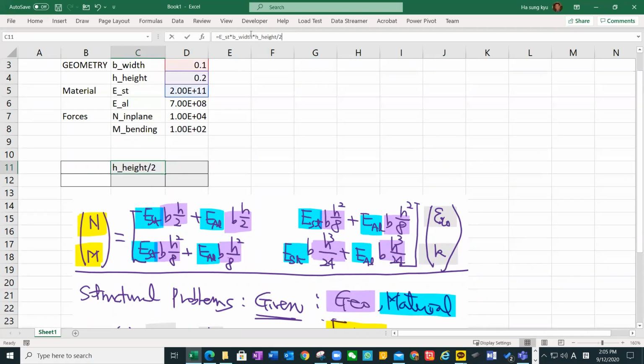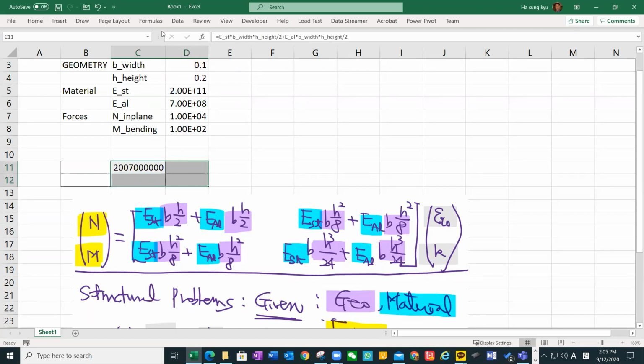So this is the first term. And now we have a second term. We can simply copy and paste, and we change it to the aluminum. Okay, so this is the value.